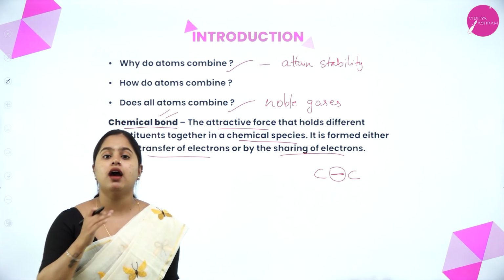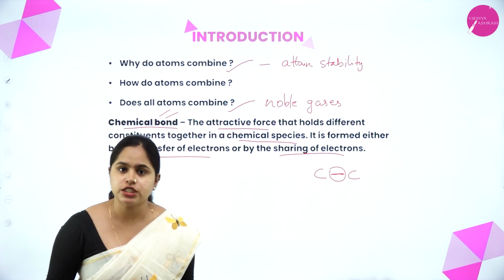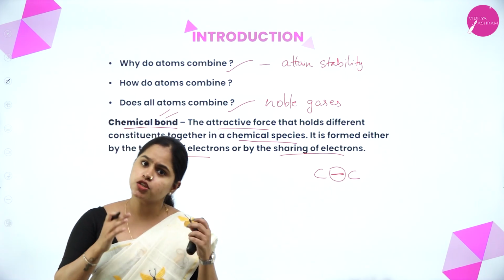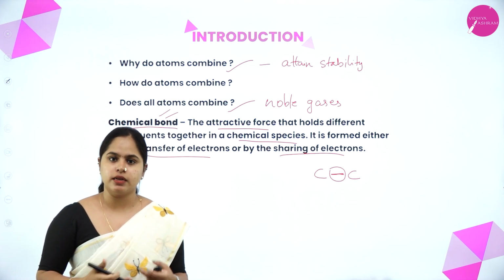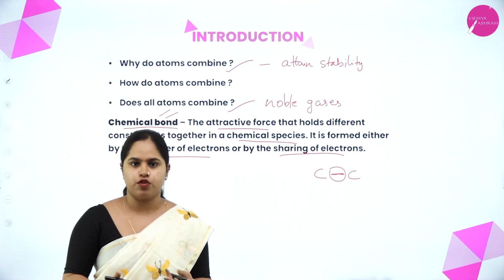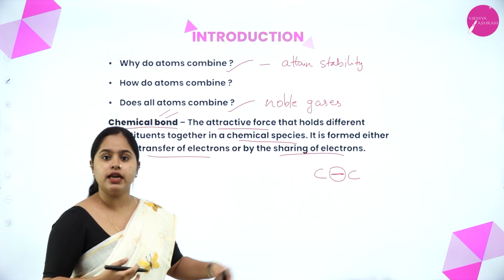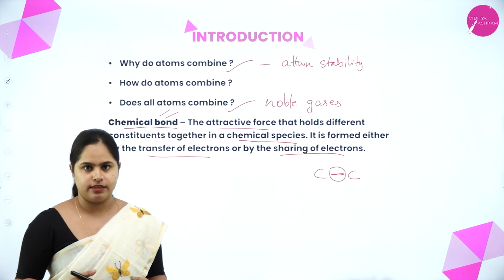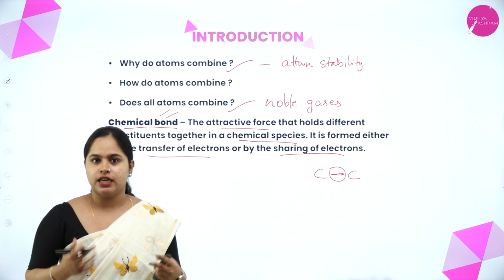They have already attained stability because they have completed an octet in their outermost shell. So they do not generally take part in chemical reactions, but there are a few exceptions. In the case of noble gases, we can say that they do not combine with any other atoms. So I hope the answers to these three questions are clear to you.